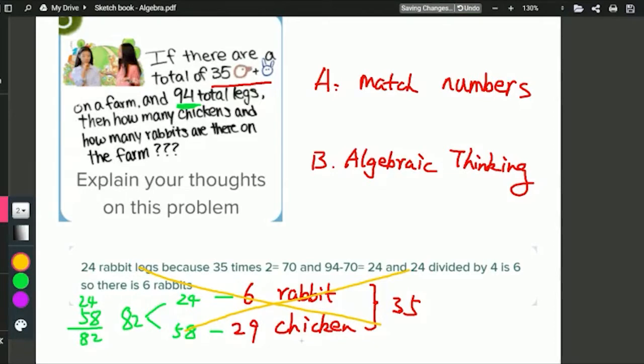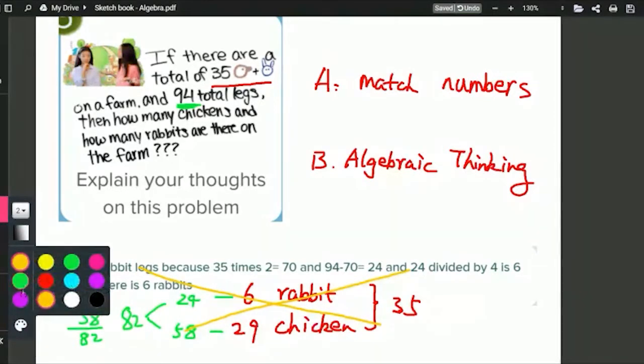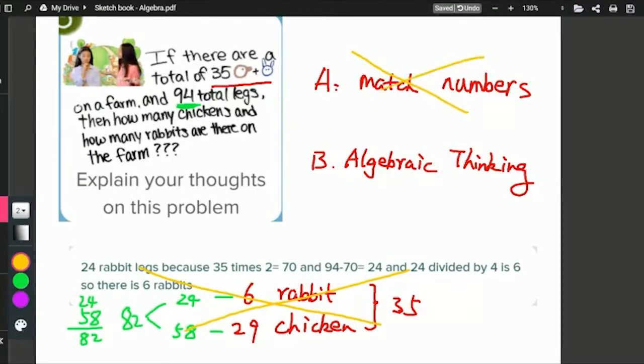I do this because I just want to show you, when we have more difficult questions, the traditional method just doesn't work, or it's so difficult that it doesn't work. And we definitely will need algebraic thinking.